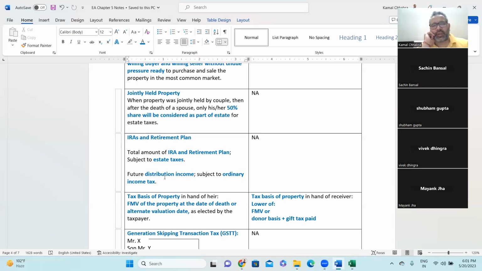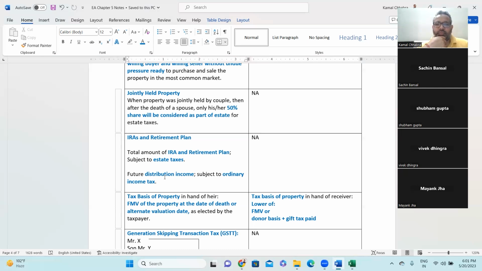Because for $250,000, she has already paid and it's her property. The estate which is getting transferred is only the remaining 50%. But let's say after a year, the other spouse also dies, and now the entire property goes into the hands of the son as an estate. In that scenario, the entire $500,000 would be taxable. Make sense?